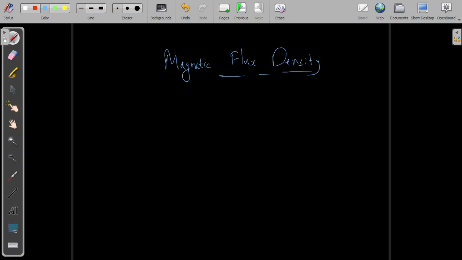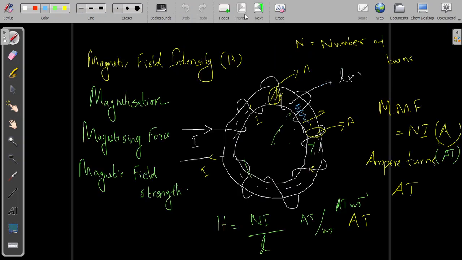So magnetic flux density means the number of magnetic flux lines passing per unit area.